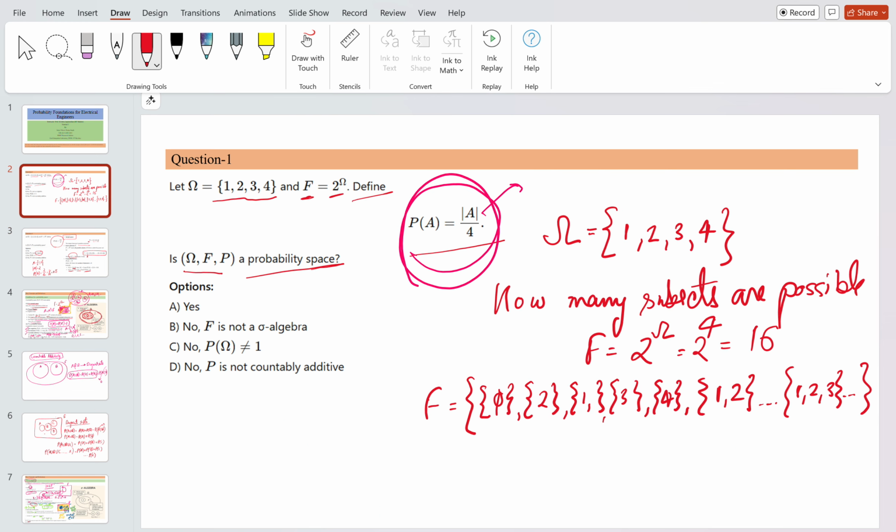What is being asked is that omega is {1, 2, 3, 4} and F is 2 to the power omega, whether it is forming a probability space or not. When you see the probability of A, it should be greater than or equal to 0.